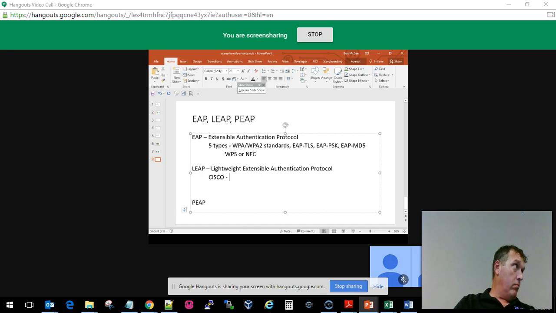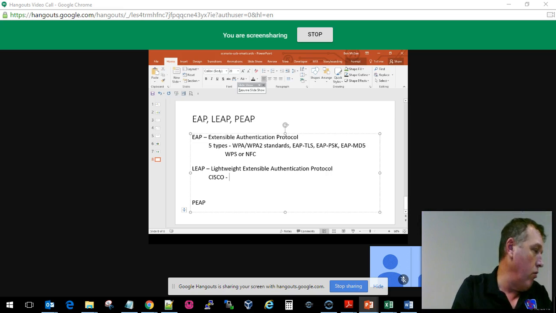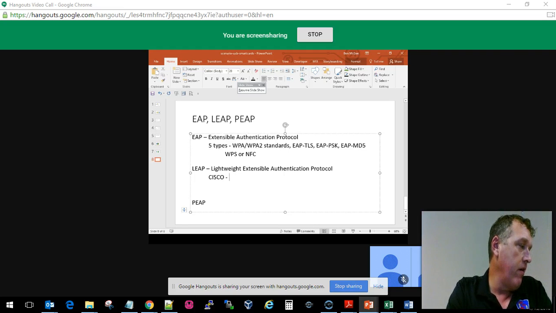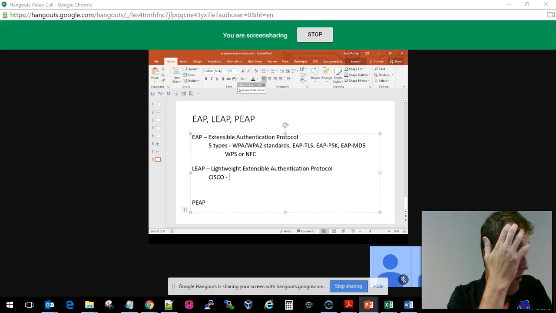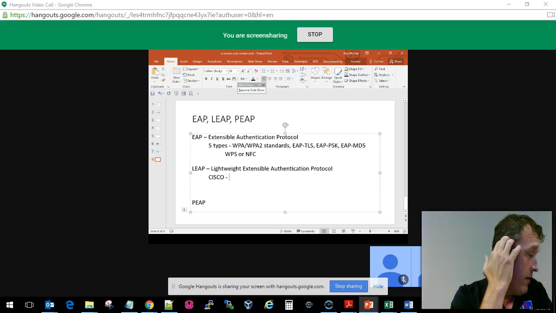What makes it lightweight? It was given the way to allow specific things to happen, and to try to fix problems with WEP, so that mutual authentication happens, and with LEAP to try to thwart any types of weak protocols.